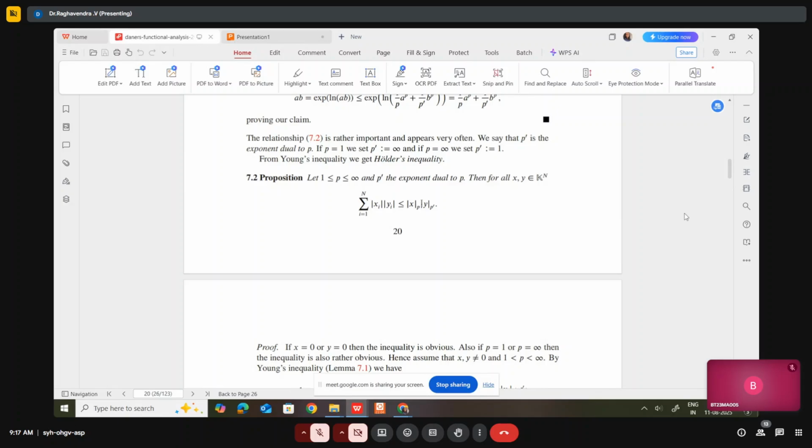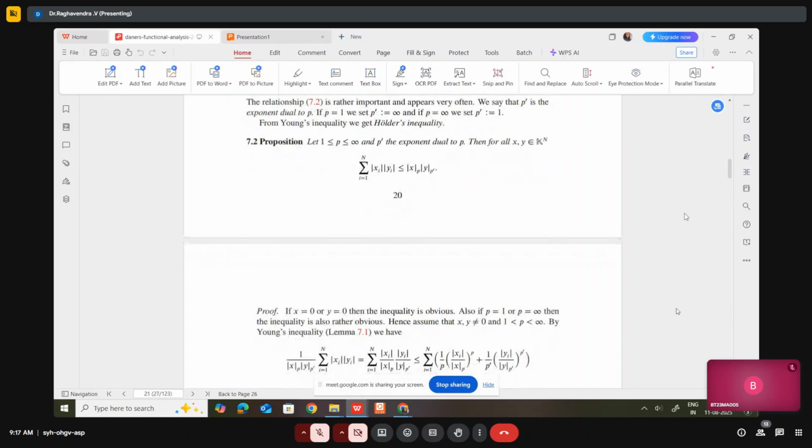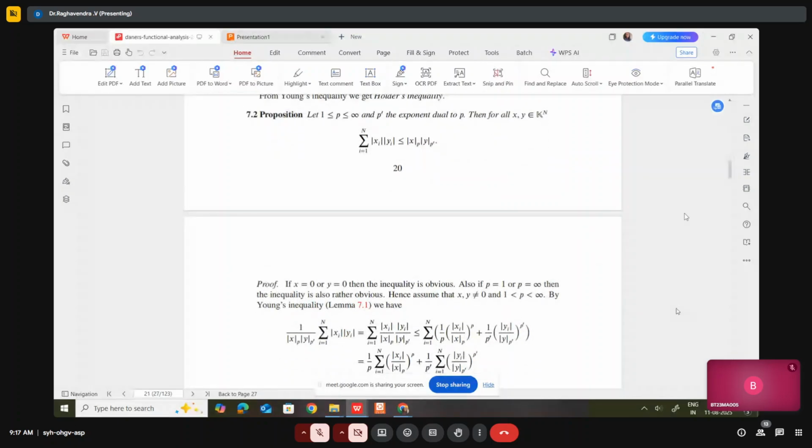So let us take x not 0, y not 0, and p lying strictly between 1 and infinity. Now if that is so, what we want is the summation from i equal to 1 to n of xi yi.